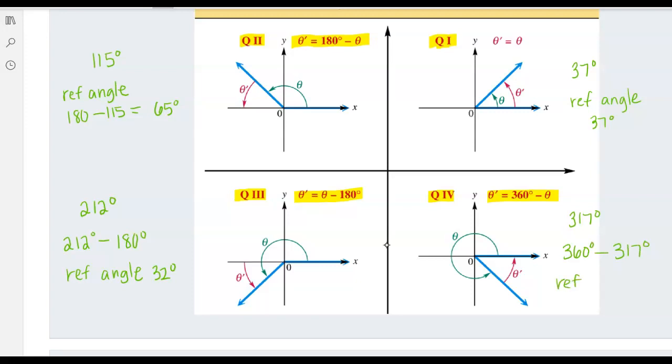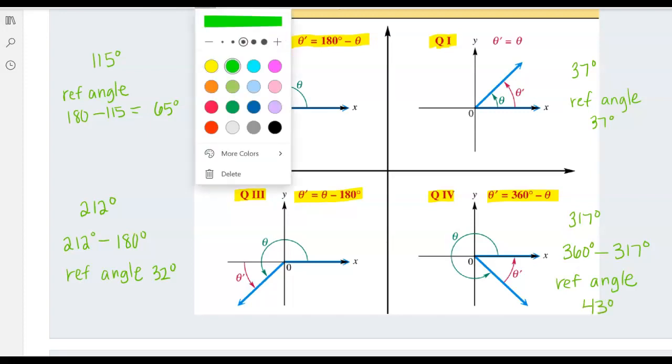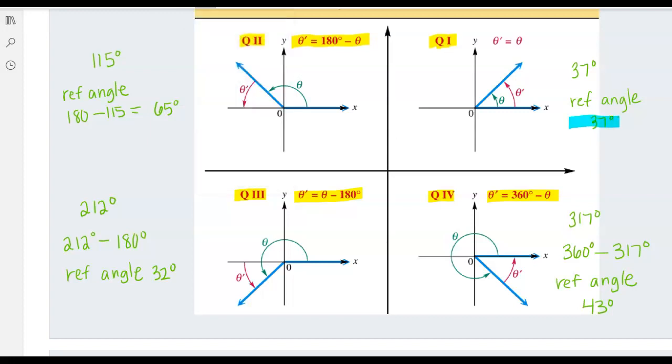So the reference angle is going to be 43 degrees. Notice that all of the reference angles are always acute, meaning that they are less than 90 degrees. And we're going to use that to find the trig values of the larger original angles that we had.